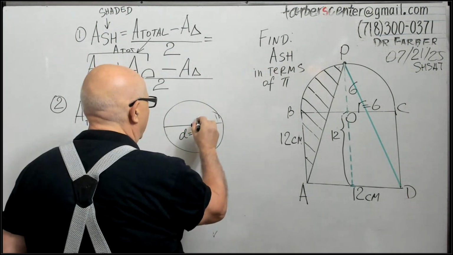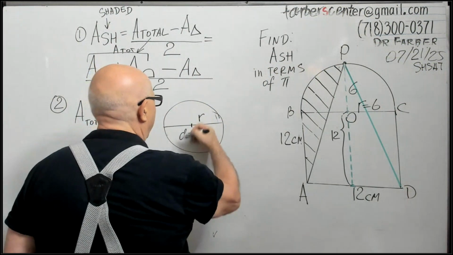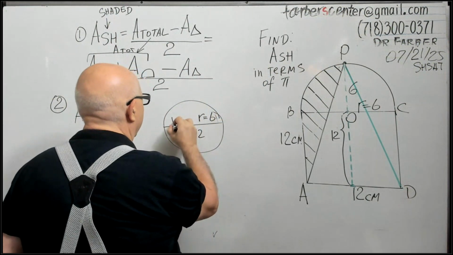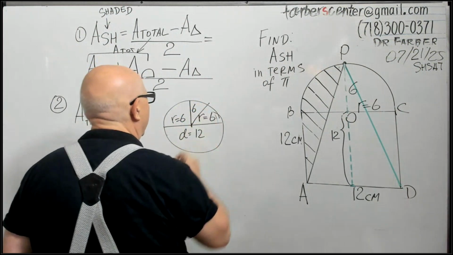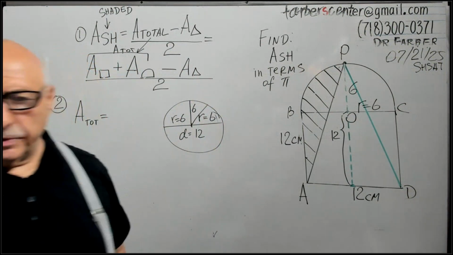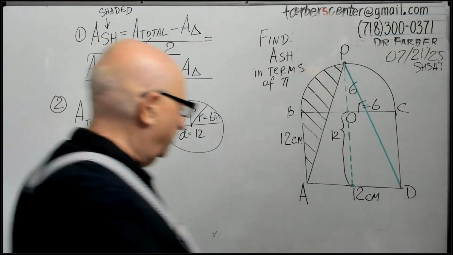Diameter is 12 in my picture. So radius equals what? Radius equals 6. Why? Because this is 6 and this is 6. Anywhere radius is 6. You understand this 100%? Good. So if you have any question, ask me.